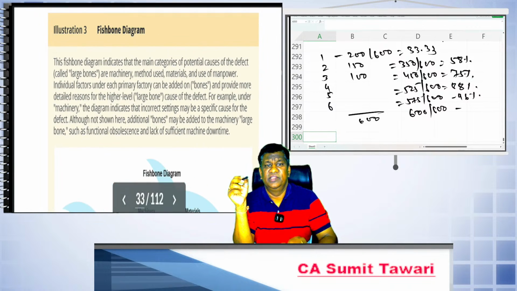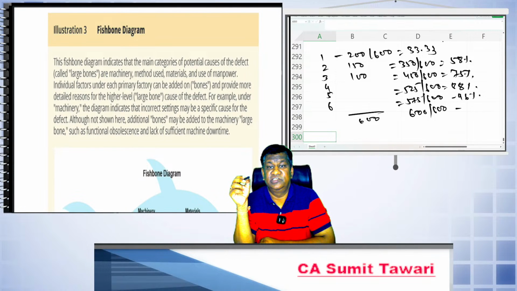So the fishbone diagram indicates the main categories of potential causes of the defect, called the large bones: machinery, method, material and manpower. Then individual factors under each primary factor can be added onto the bone.